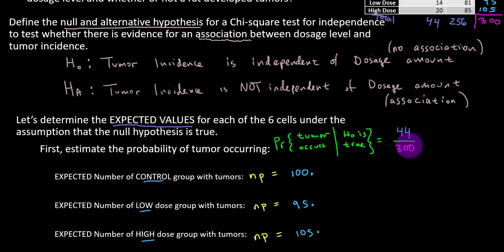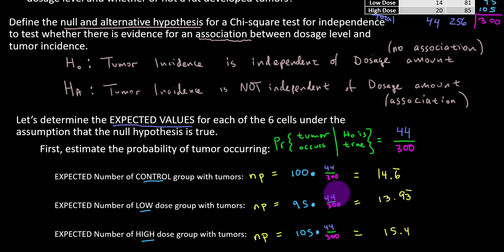And now we'll multiply by the p under the assumption that the null is true. Okay, so performing that simple multiplication, we're going to result in decimal values. That is okay. Just keep those like they are. Quick recap here before we do this again.